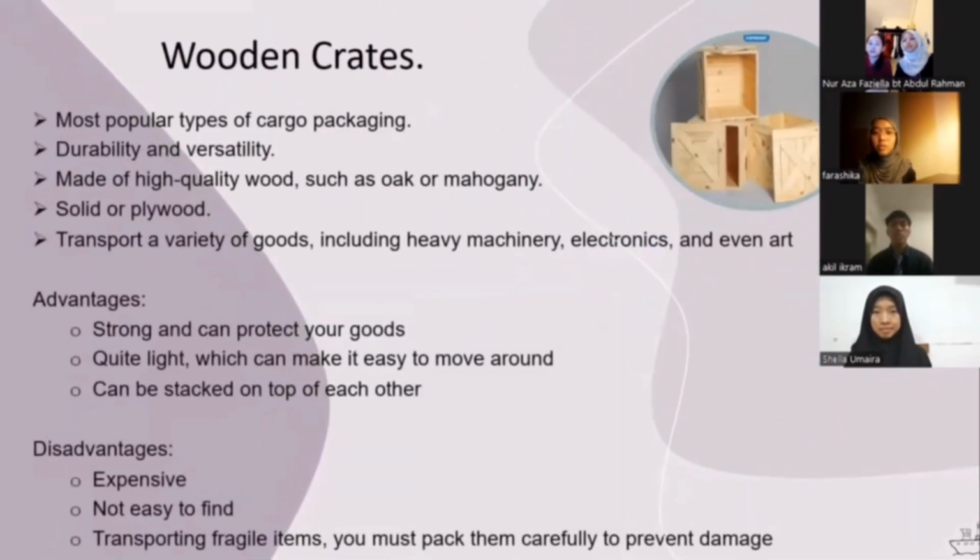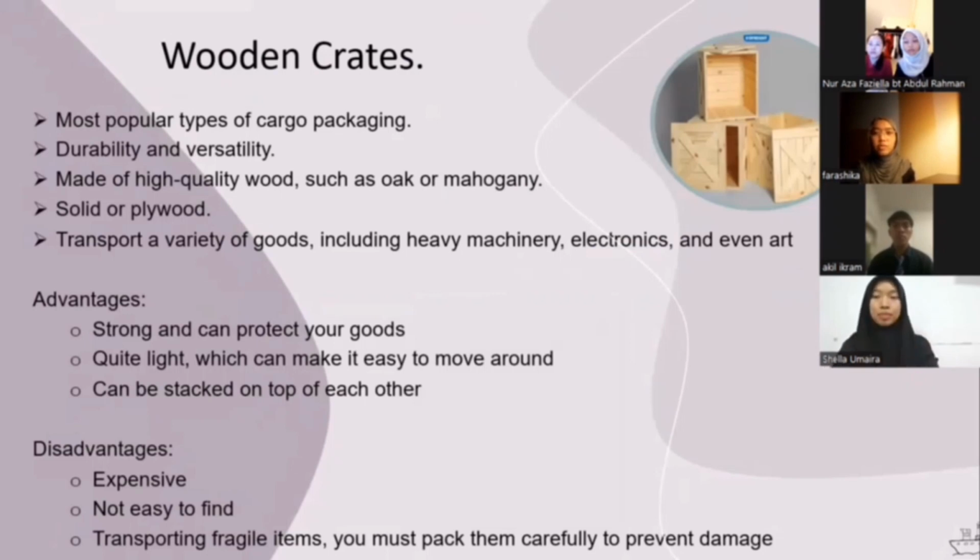The first one is wooden crate, which is the most popular type of cargo packaging, made of high quality wood such as oak or mahogany, and used to transport a variety of goods, including heavy machinery, electronics, and even art.